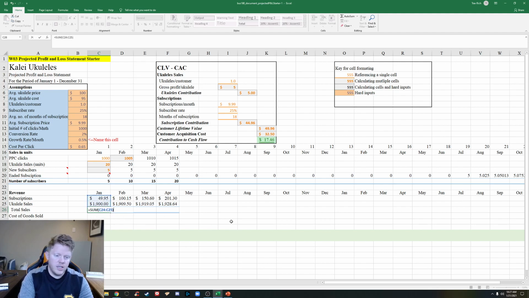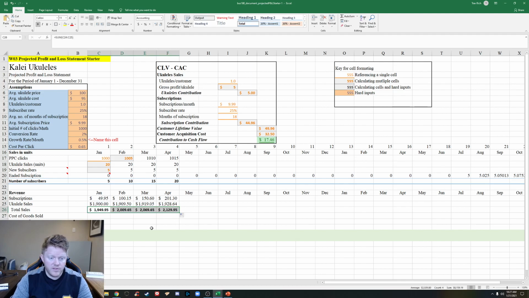What a sum function is, is just adding them, and we're going to drag. Perfect. So again, this and this are both going to be calculations, and then this and everything over is just going to be, as you can see, what this is basically saying is, hey, these are all the calculations, these are my totals.